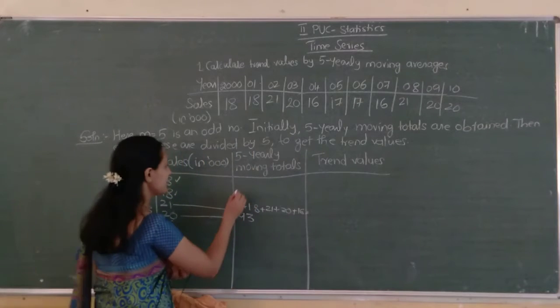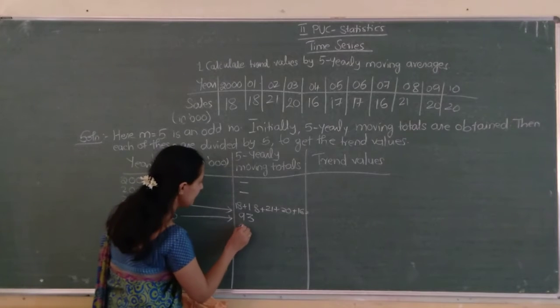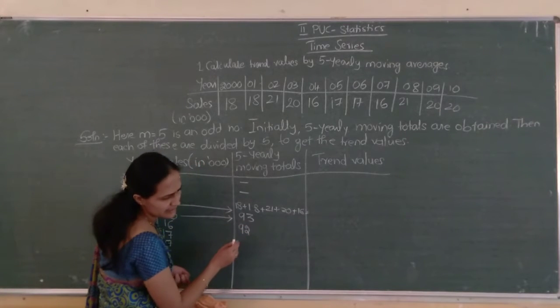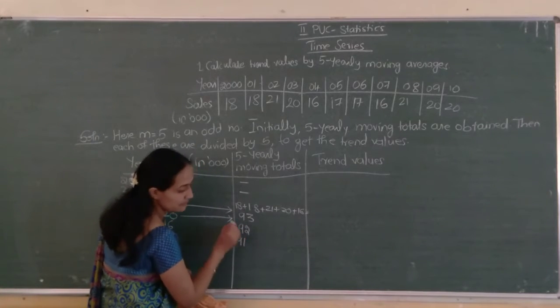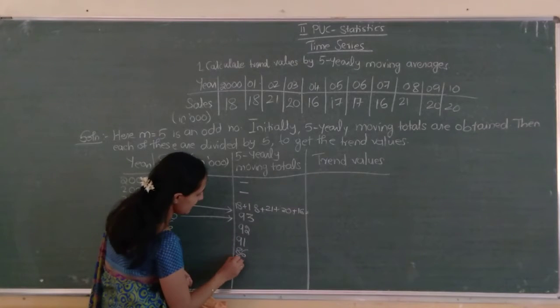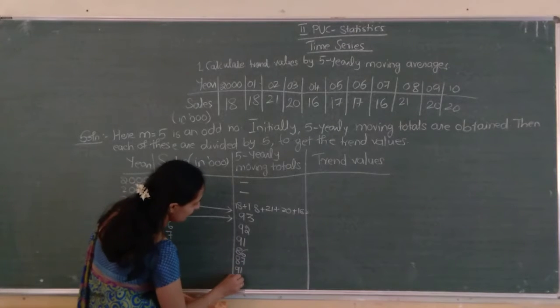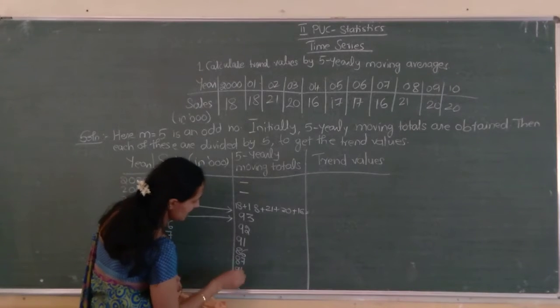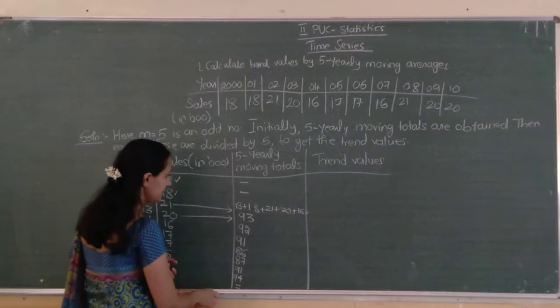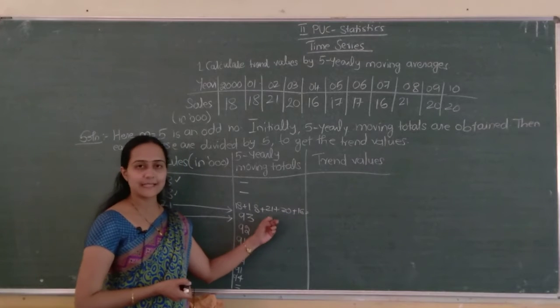I will write the answers. First 2 are left blank. Here 93, next 92, next 91, next 86, next 87, next 91, next 94. The last two are left blank.